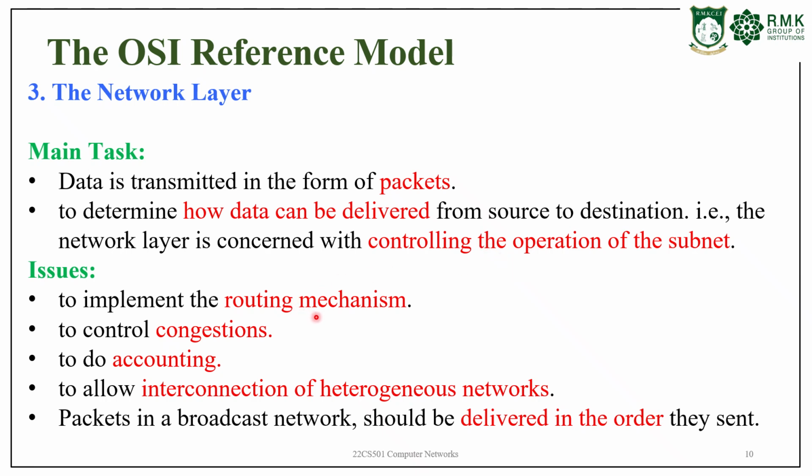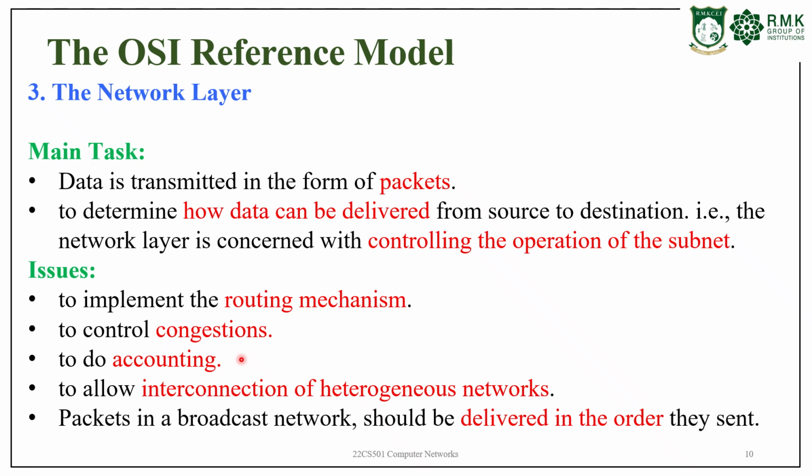The issues: when it performs all these tasks, there are some issues it will be facing. That is to implement a proper routing mechanism, to control congestion, like avoiding the fast sender and slow receiver problems, and to do accounting.